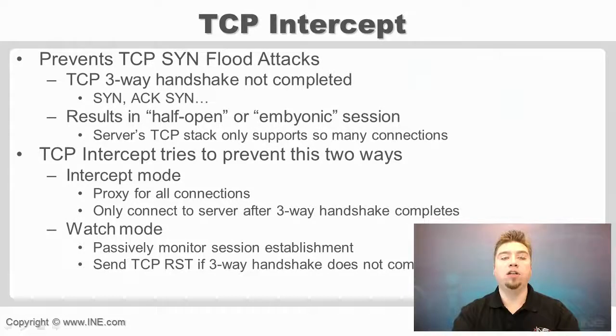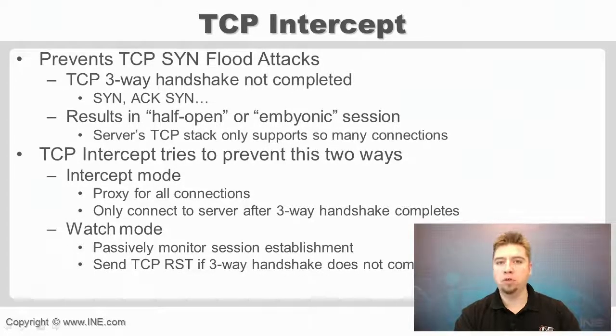Now, the reason that we would want to run the watch mode and not the intercept mode is that we're basically taking the SYN DoS attack on the server and moving it to the router if we are running in intercept mode. And generally, the server CPU is going to be more powerful than the router's is for that particular application. So it's not really solving the problem.